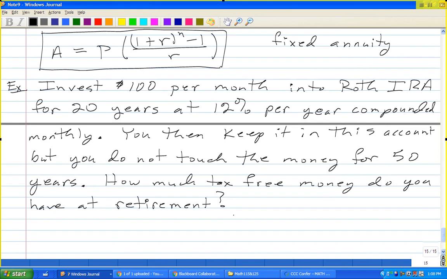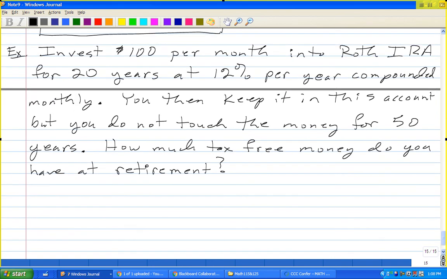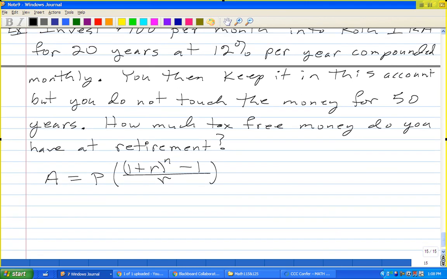Okay, so $100 per month is not an unreasonable amount. And so the amount A is equal to P times (1 plus R to the n minus 1) over R. Okay, so let's plug this in.